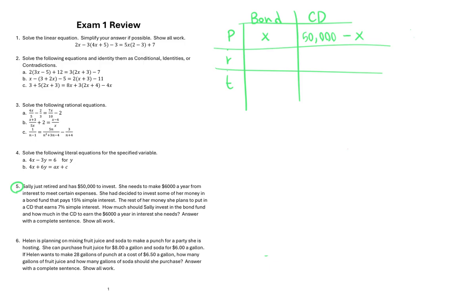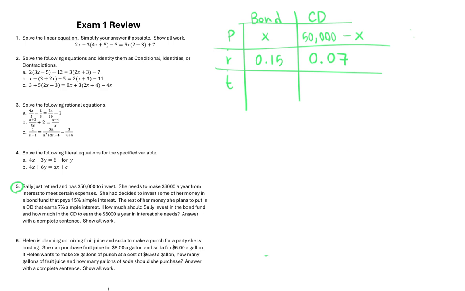Now, I'm going to look at the rate of interest. So the bond pays 15% simple interest, so I'll write that as a decimal, 0.15, or divide 15 by 100 if you'd like. And then we're going to put it into a CD that earns 7% simple interest, so that's 0.07 rate on that certificate of deposit.